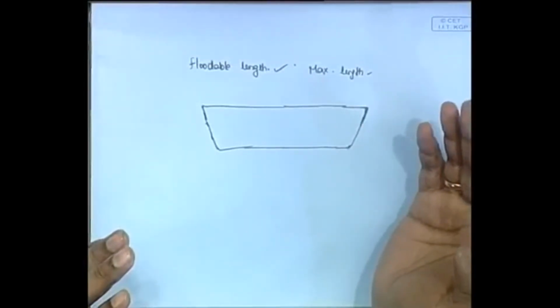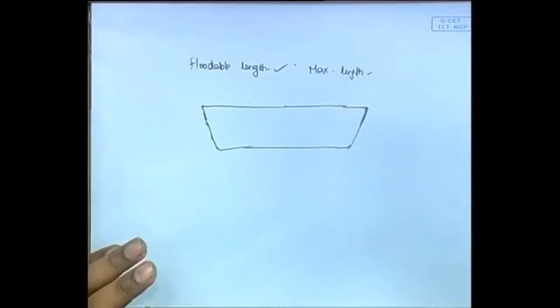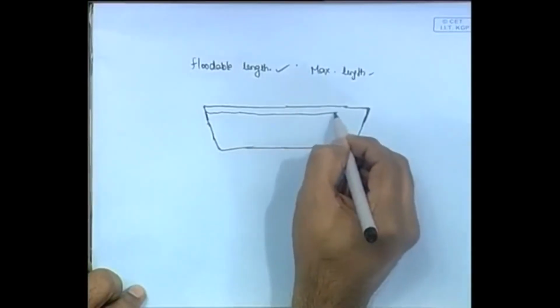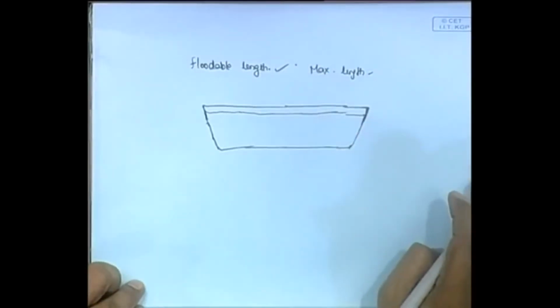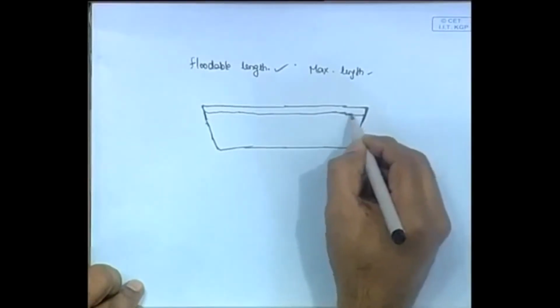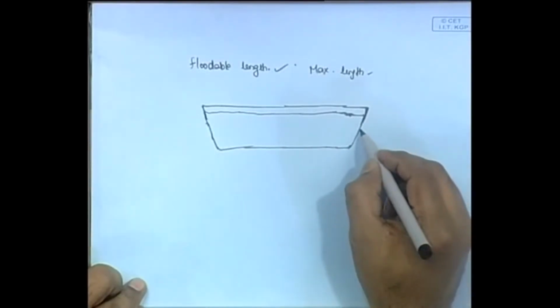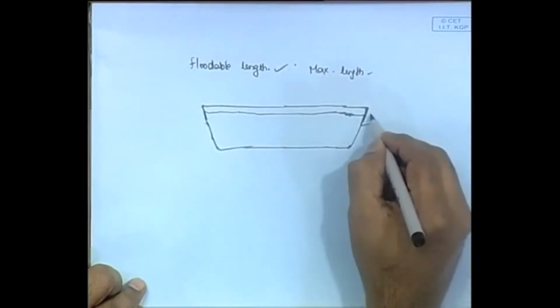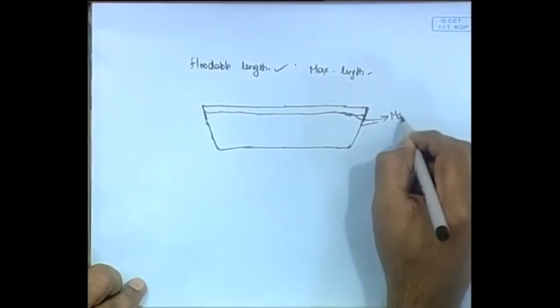The water line up to which the ship can go up safely, the maximum water line up to which it can go without completely sinking, is known as a margin line, somewhere here. So the water line can come up to here without the ship completely sinking, and this line is therefore known as a margin line.